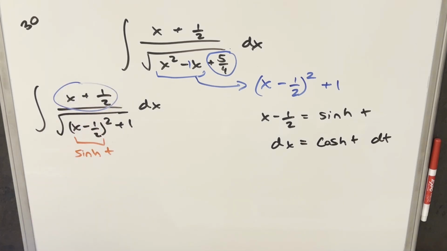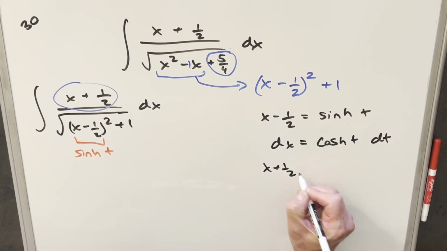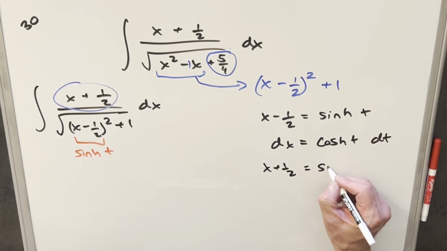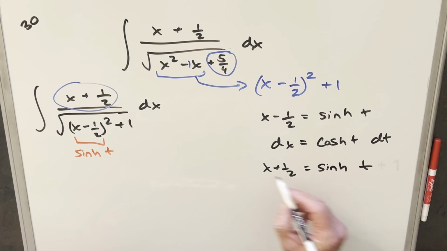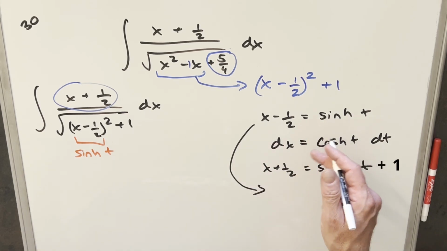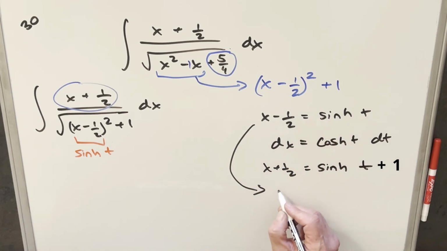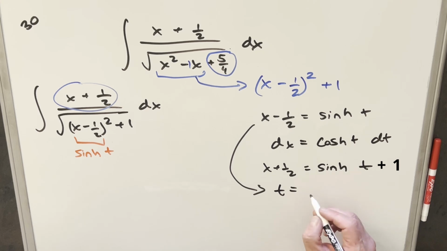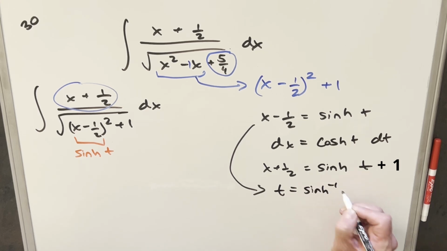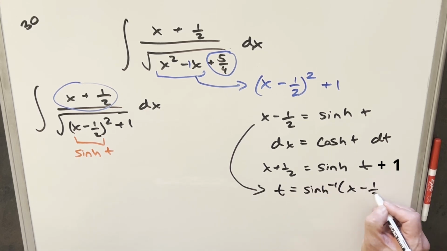In the numerator, we've got x plus 1/2. If you add 1 to this equation to get a value for x plus 1/2, add a 1 on the right side, this is just going to be sinh of t plus 1. And also, we can take the inverse sinh on both sides to get a value for t. So t is going to be inverse sinh of x minus 1/2.